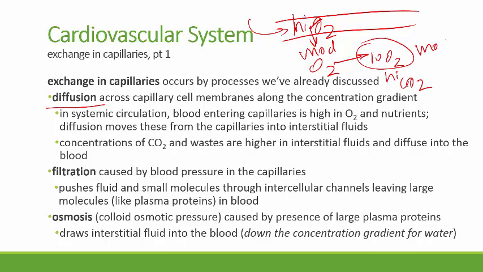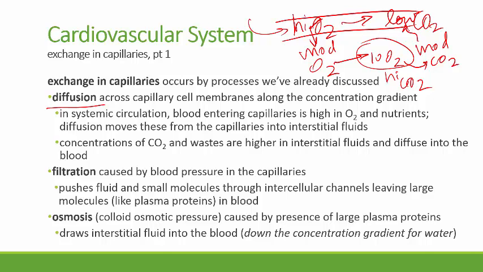It's going to be kind of moderate CO2 in the tissue fluids, and as it leaves the capillary network, because of the exchange that's occurred in the lungs, this blood is going to be very low in carbon dioxide. So the carbon dioxide is going to move from the cell into the tissue fluids and then on into the blood. So diffusion moves most of the gases and a lot of the nutrients.